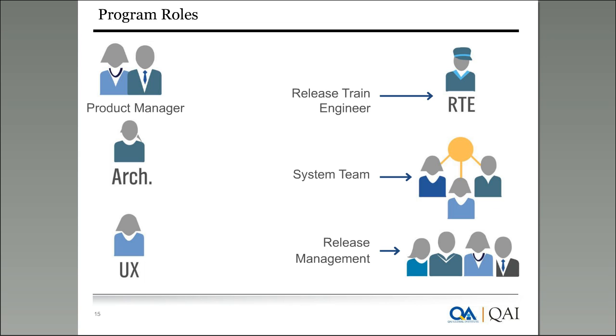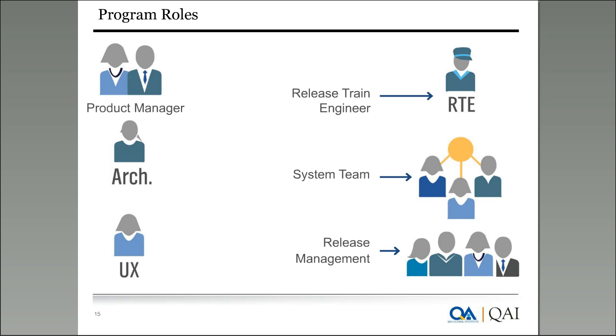So let us look at the typical roles at the program level. We have roles like product manager. The product manager is the content authority at a program. That means he is the person responsible for managing the program backlog and prioritizing it.